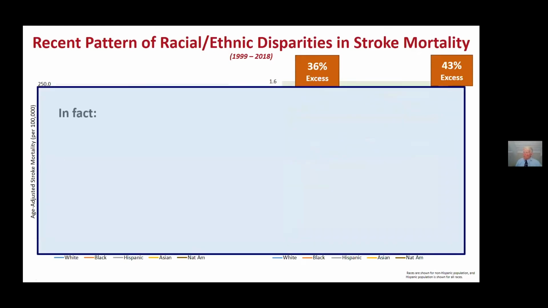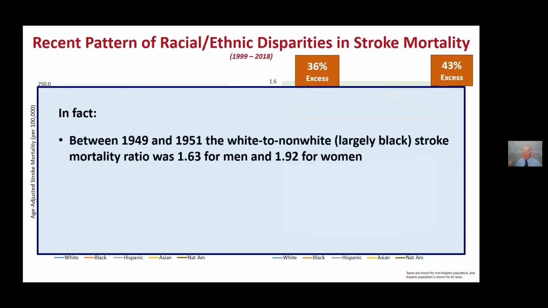And to make things even more depressing, if you look back as far as the data go back, between 1949 and 1951, the white to non-white, by the way, at that time, non-white in America was largely Black, stroke mortality ratio was 1.63 for men and 1.92 for women.